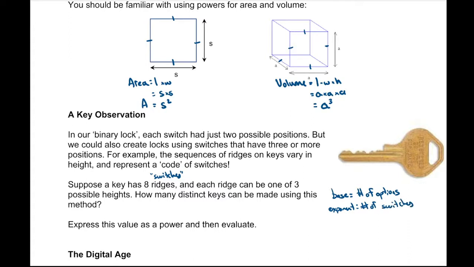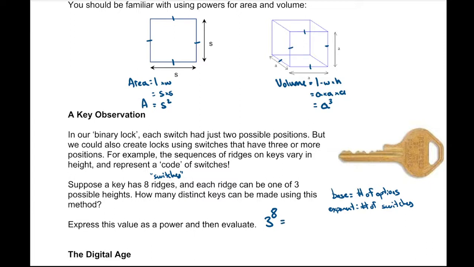So in our case, we have 8 ridges or 8 switches, and we have 3 options for each switch. So we're going to have 3 to the power of 8, right? Because it's going to be high, medium, and low for one switch, high, medium, and low for another switch, high, medium, low for the third, and so on.